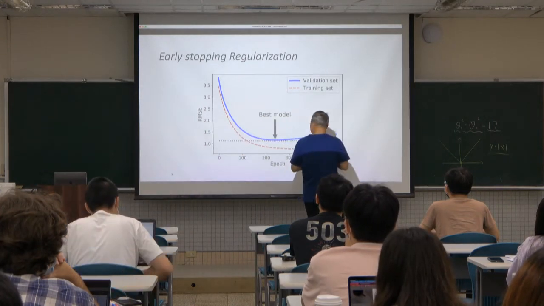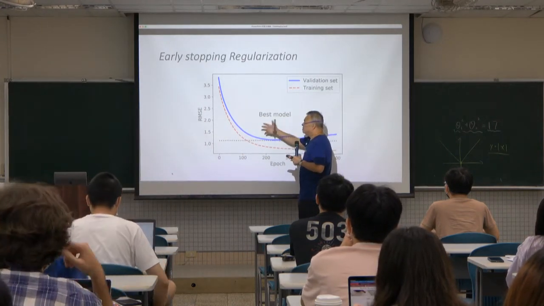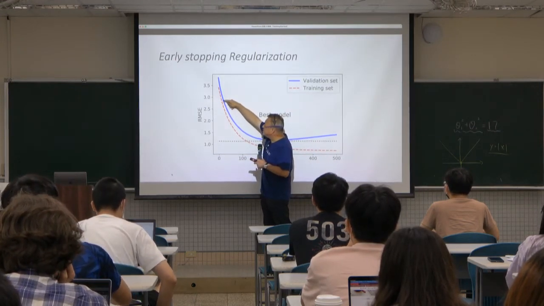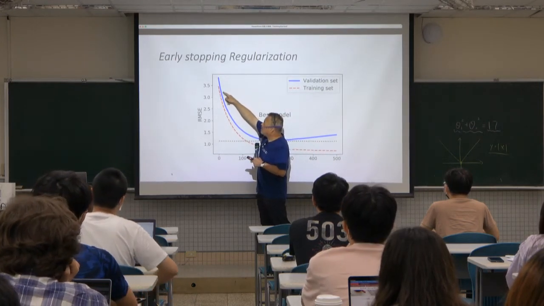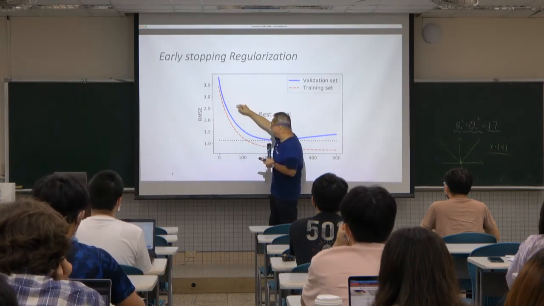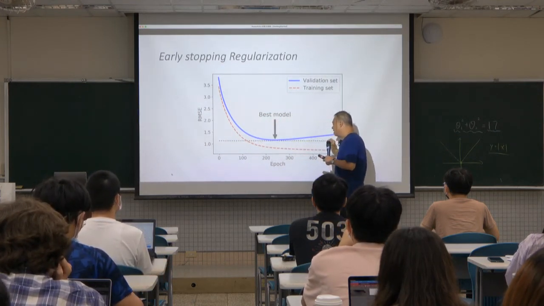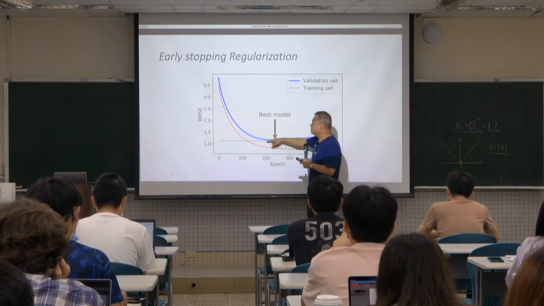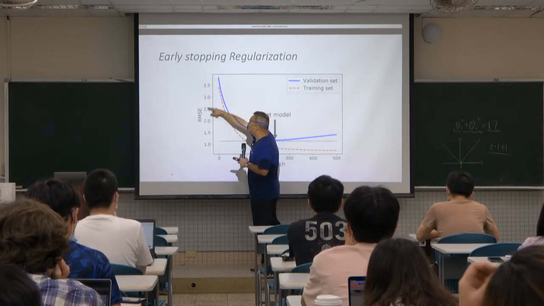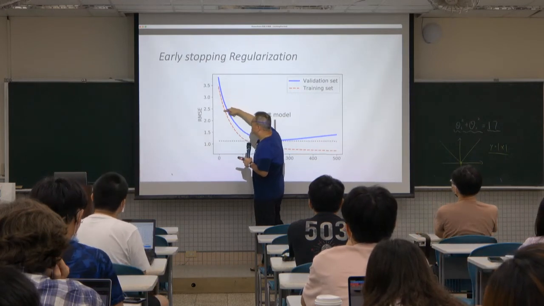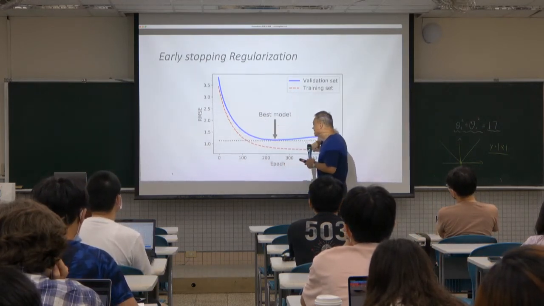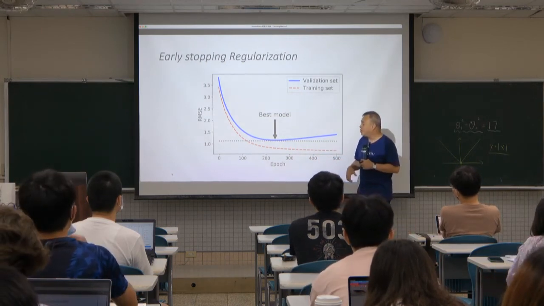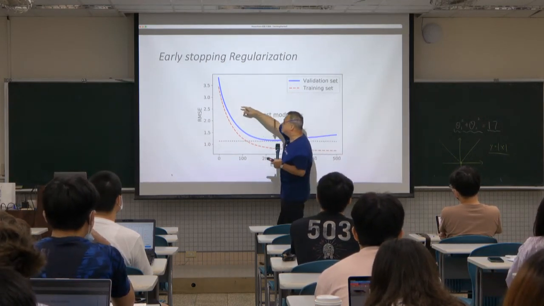Normally for the training set, you are going to get lower error. The RMSE for the training set is represented by the red dotted line, and the validation set error is represented by the blue line.